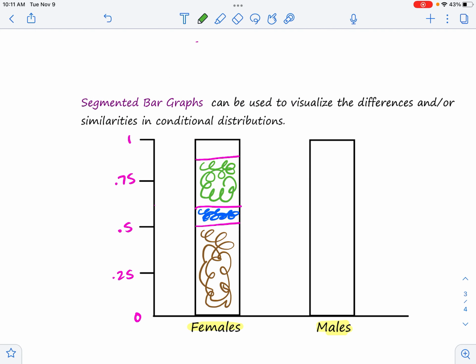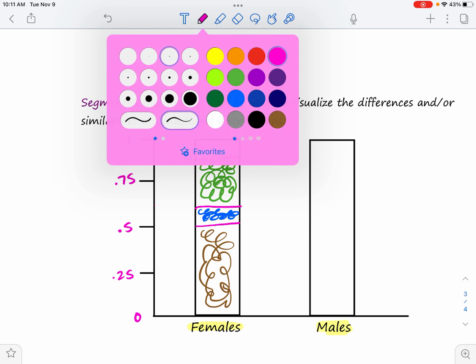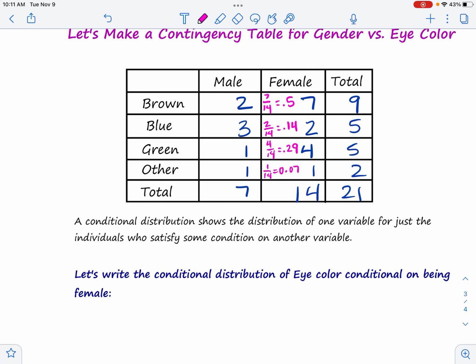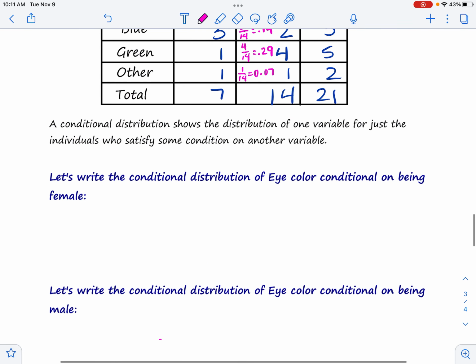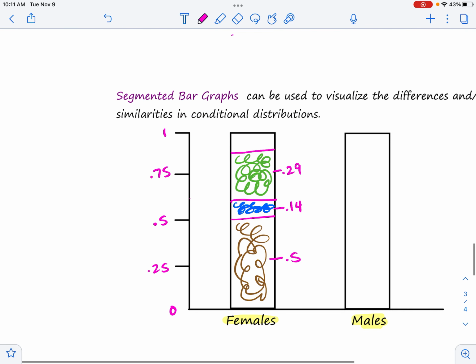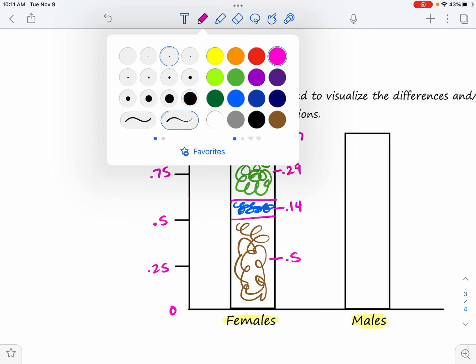We can always list our probabilities as well. So if I say this is 0.5, this is 0.14, this is 0.29. That helps since I know we're not going to draw it exactly. And the last one is 0.07 for other. I don't know what color other would be, but let's go with yellow.